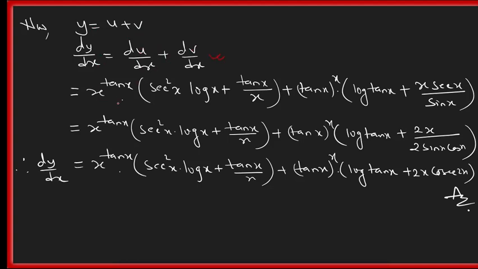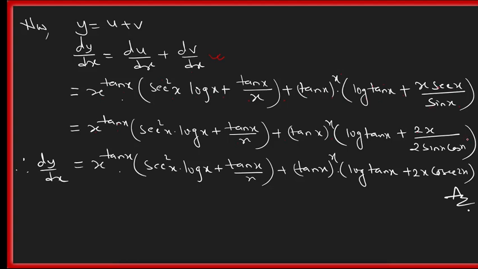So du by dx is x tan x sec square x log x plus tan x by x, plus dv by dx is tan x to the power x, log tan x plus x sec x by sin x. Here sec x is 1 by cos x, so it is 2 times x by 2 sin x cos x.